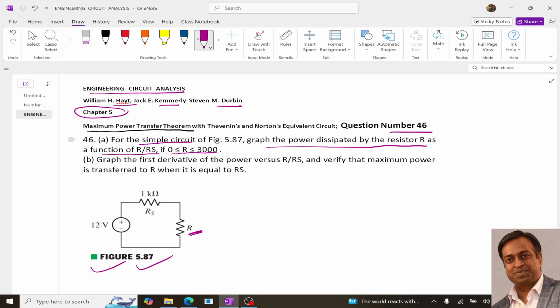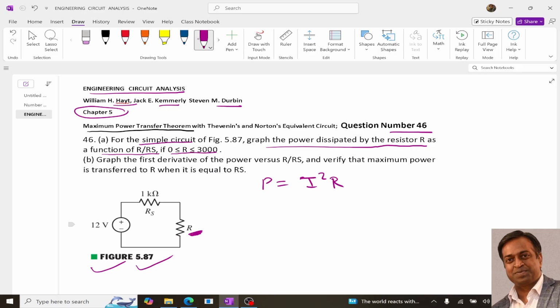0 to 3000. To solve this question, first of all we need to write the expression for the power dissipated through this R. We know that the power formula is simply I square R, right?